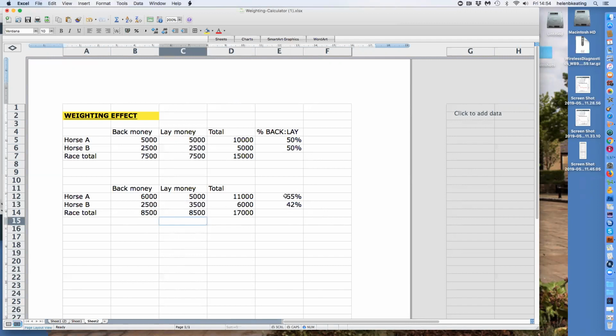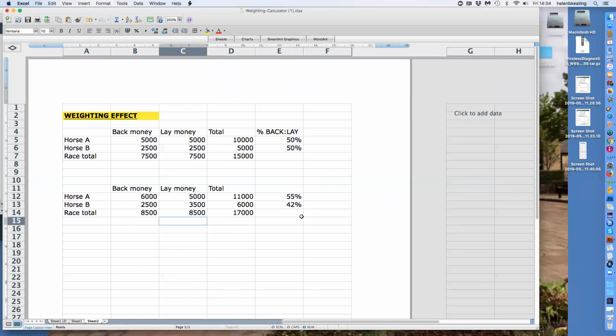What's important, and I don't really want to get into the ins and outs of whether arbitrage works and all the rest of it, is that ultimately what I'm trying to show you is that £1,000 for horse A is only 5%, and £1,000 for horse B is 8%.